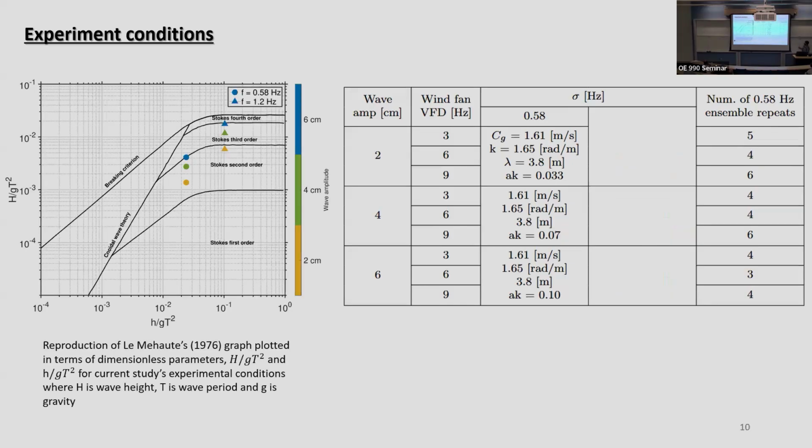All right, so we want to know what the non-linearity of these waves is, because they do deviate from the small amplitude and small slope assumption that we have for linear wave theory. So let's just consider the 0.58 hertz wave. The 0.58 hertz waves are the circle spots.